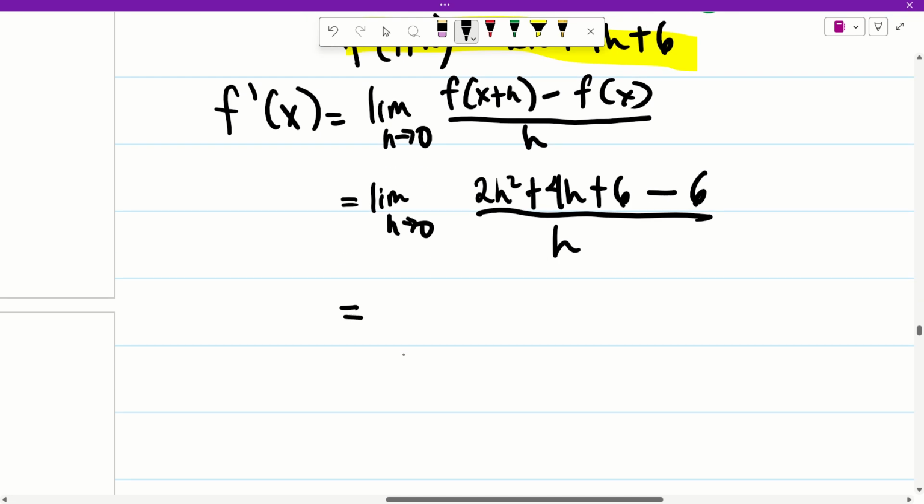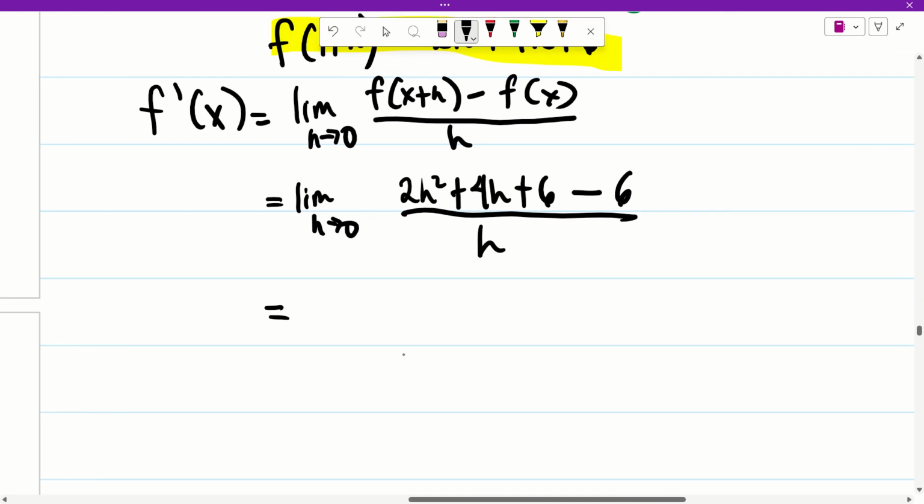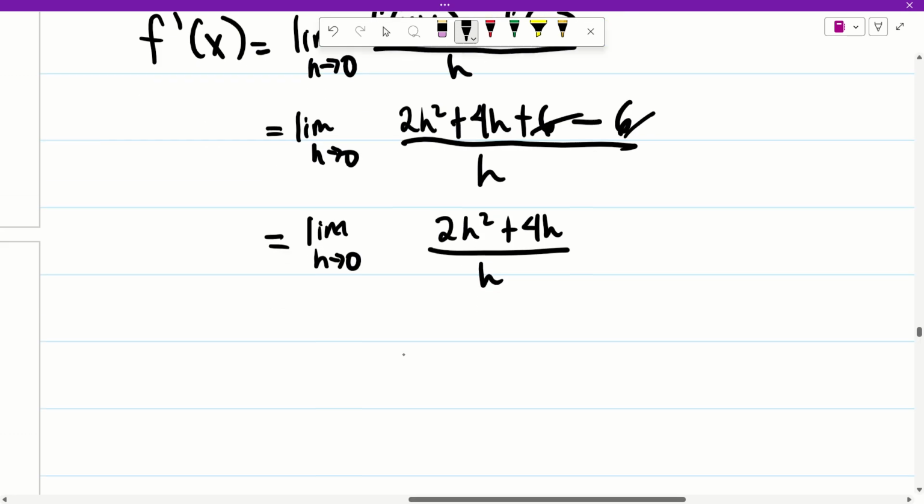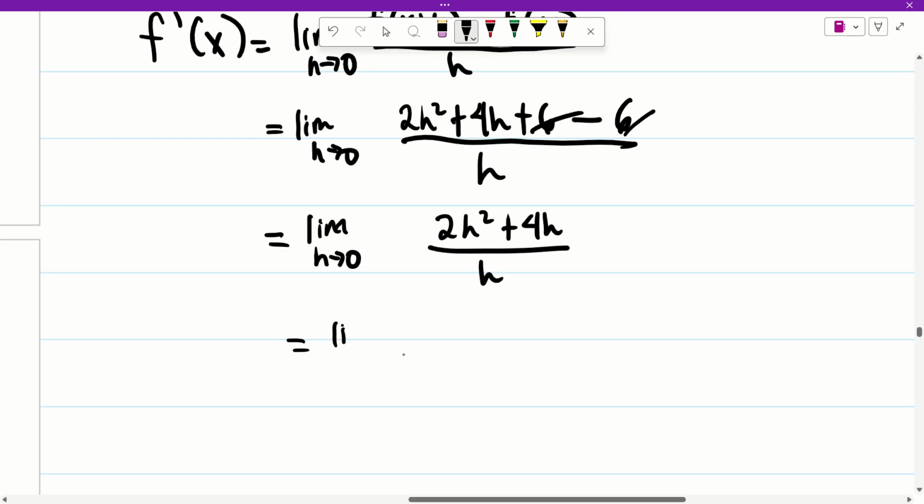That equals the limit as h approaches 0. We have 2h squared plus 4h, then 6 minus 6 is 0. Then we can get rid of the h. We have a common h in the terms and also in the denominator.